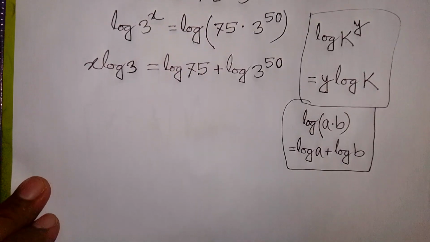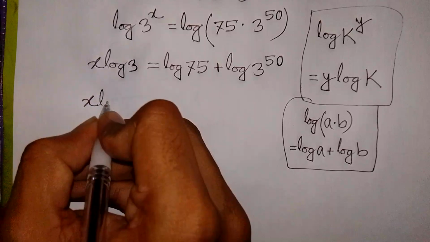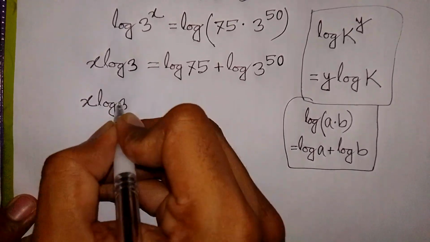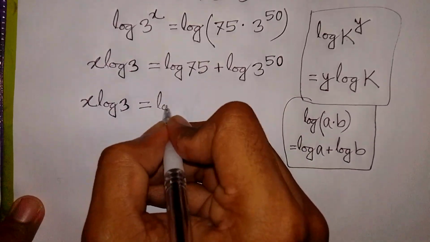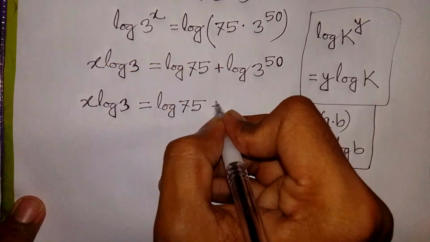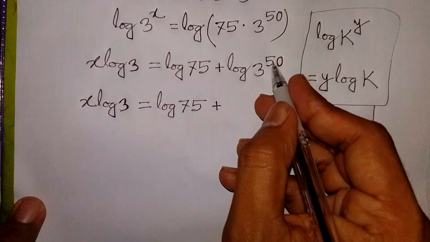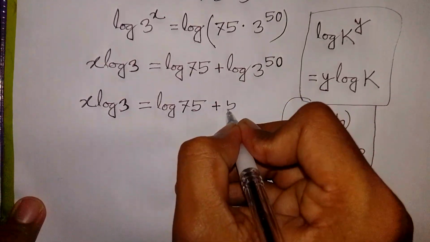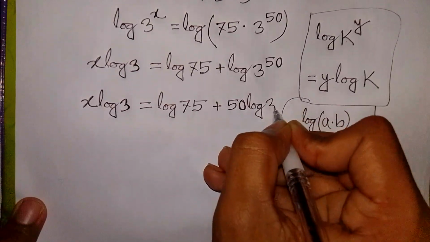Now we have x log 3 is equal to log 75 plus, this power 50 will move to the front, so it will be 50 log 3.